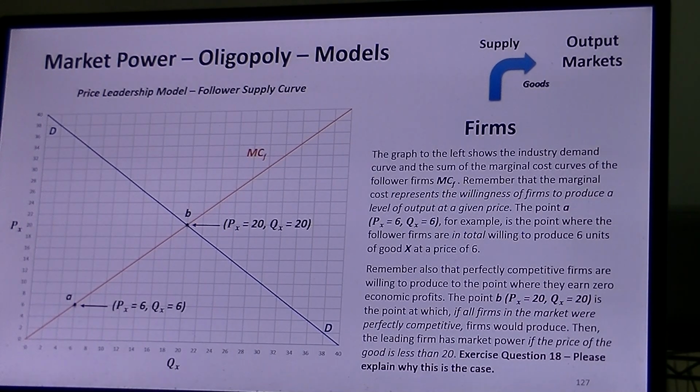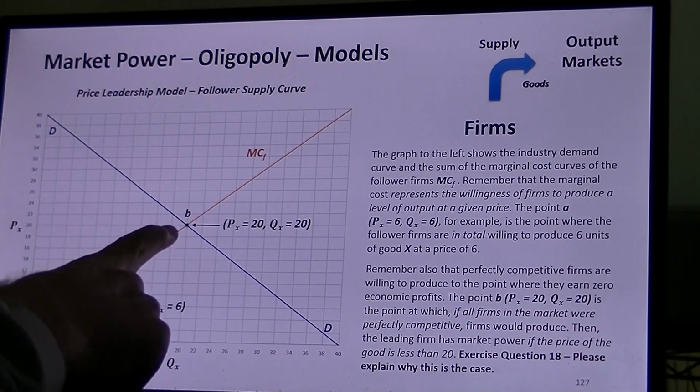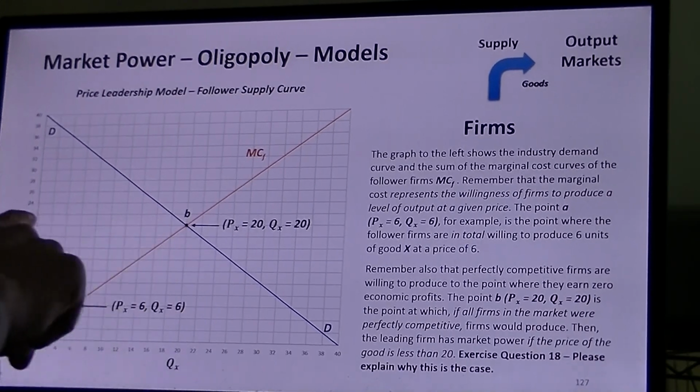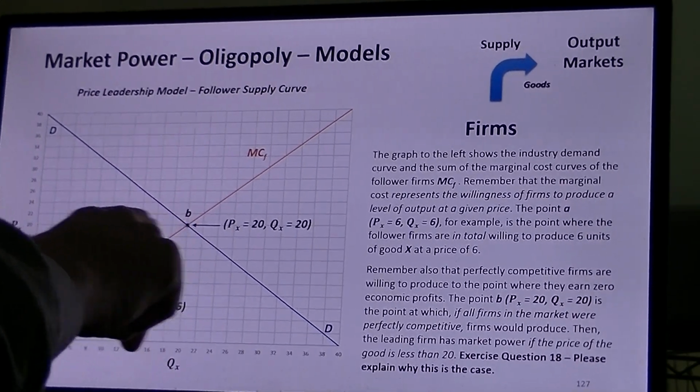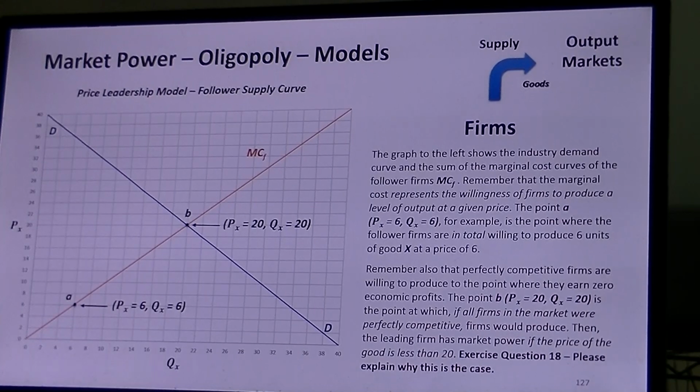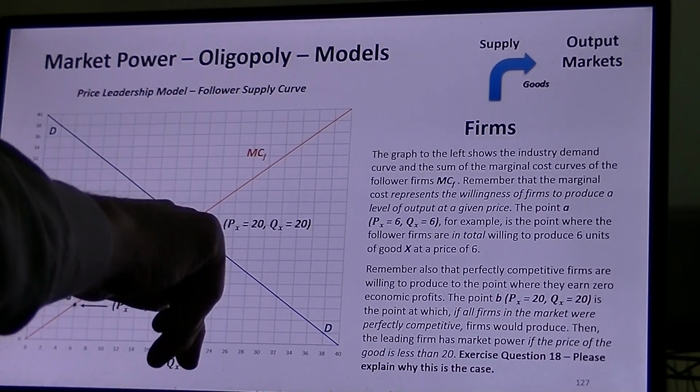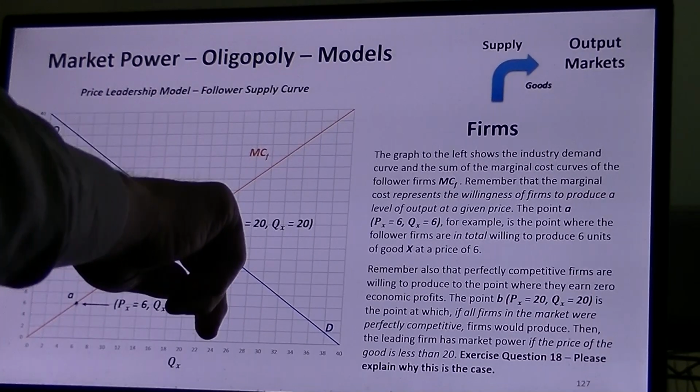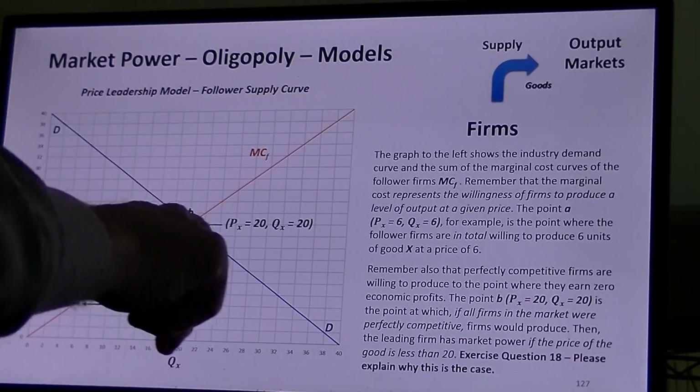So let's say that there was perfect competition. The competitive firms are willing to produce to the point where they earn zero economic profit. We can see that if that point is here, at a price of 20 and an output of 20, the demand is 20 and the price they're willing to pay is 20.